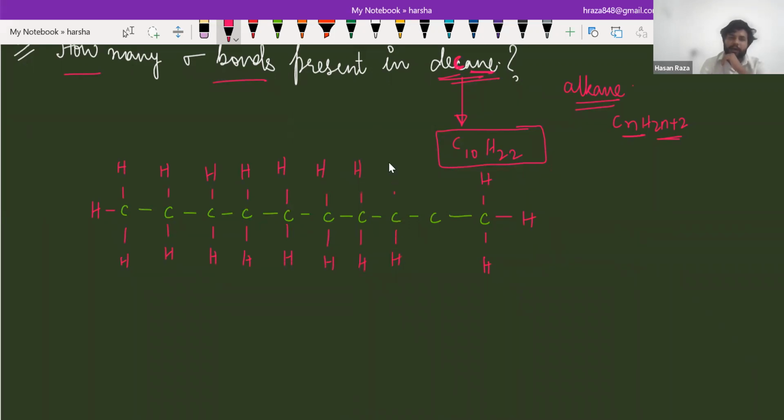You can count, it is 14 and then 2, 16 hydrogen. Now this is the structure of decane, and now you need to write the number of sigma bonds. All single bonds are sigma bonds, and you can see all are single bonds.